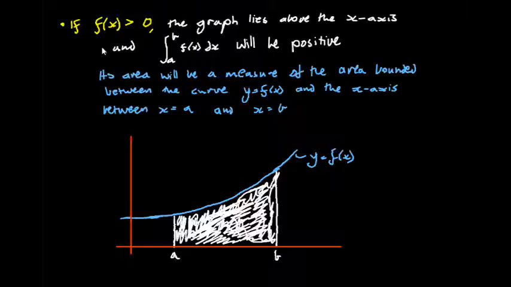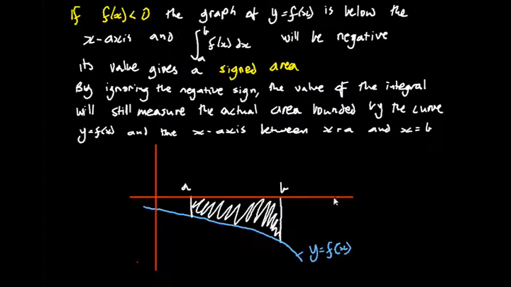So the straightforward answer that we had a look at is the first one, where f of x is greater than 0. So it's talking about when my curve is above the x-axis. When it's above the x-axis, I'm going to get a positive area between a and b. Whereas where the curve is below the x-axis, I'm going to get a negative area between a and b.